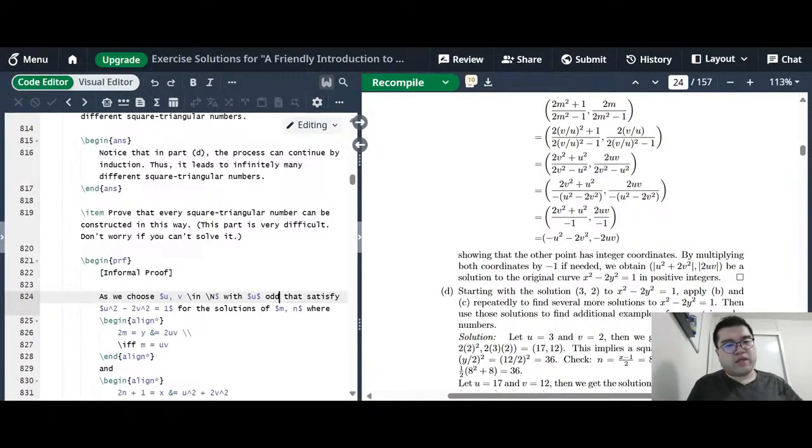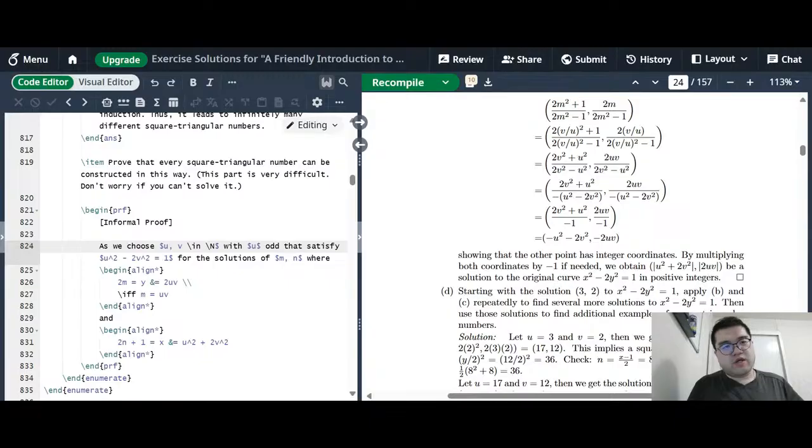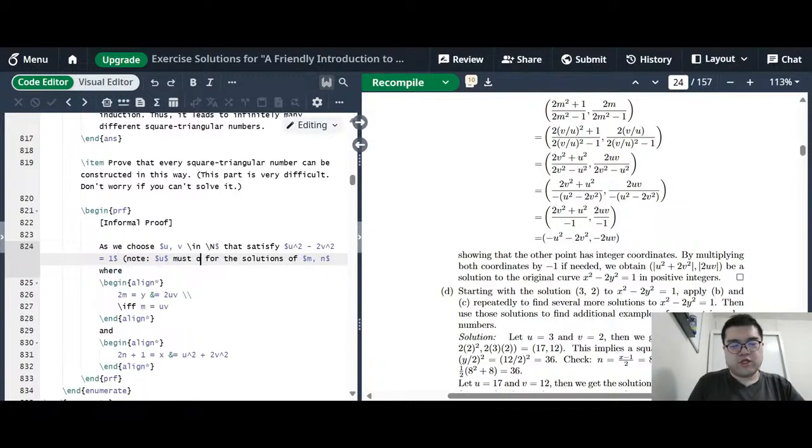And again, we don't really know if, in this case, we satisfy this. Note that u must be odd and v must be even.